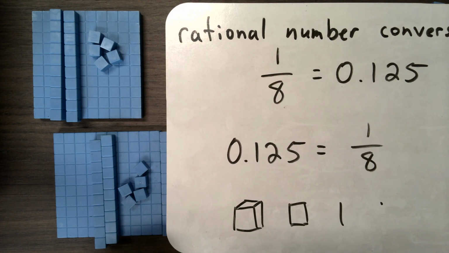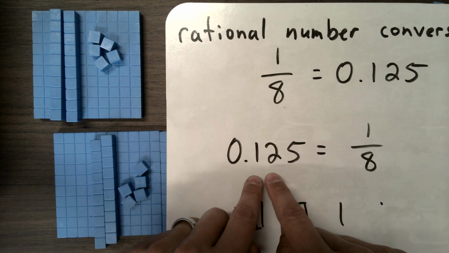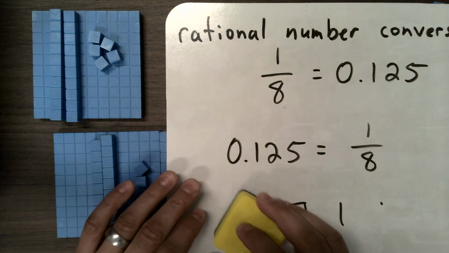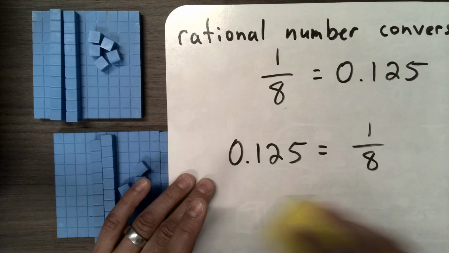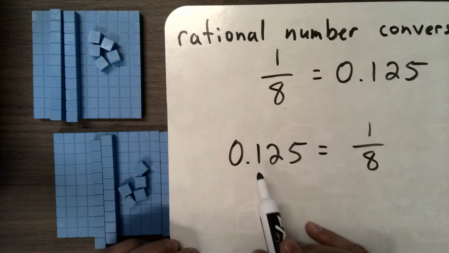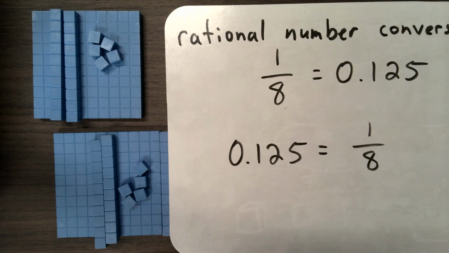And then for the decimal to fraction notation conversion, I want to give just a couple steps to give some background first. Whenever we have a decimal, remember a decimal is just a special type of fraction. It's just a fraction where the denominator is some power of 10.